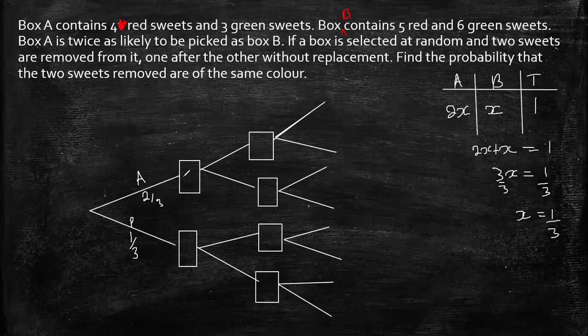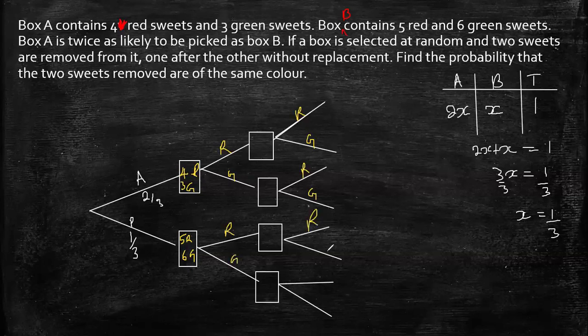So here in box A, we have 4 red and 3 green. Now, here we are going to pick red or green, red or green, red or green. Still here we're going to pick red or green.